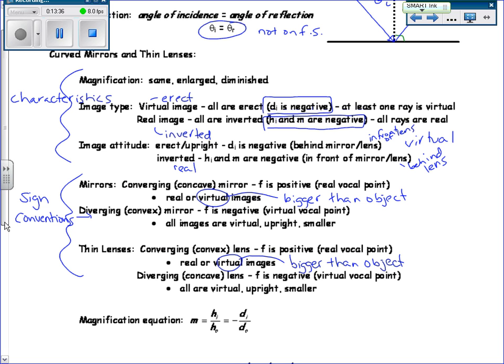And I just want to double check because the terminology that they use between mirrors and lenses is different.